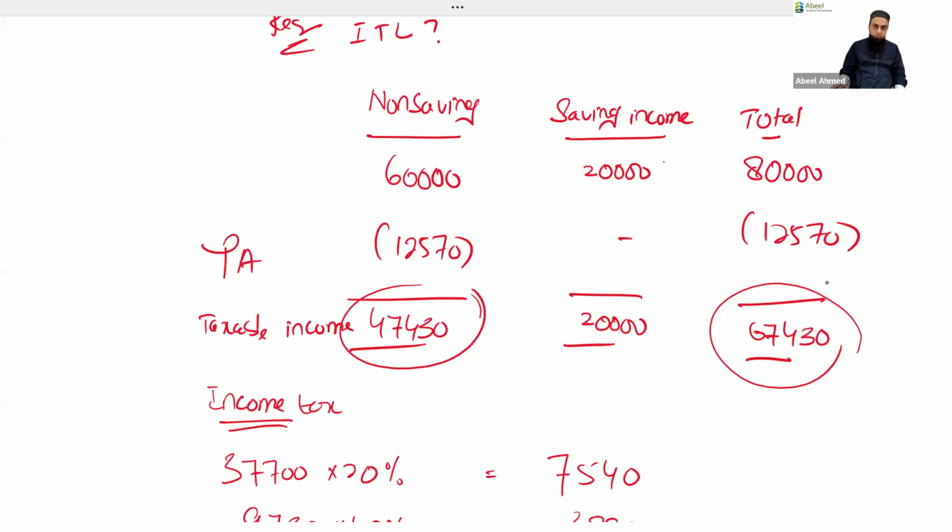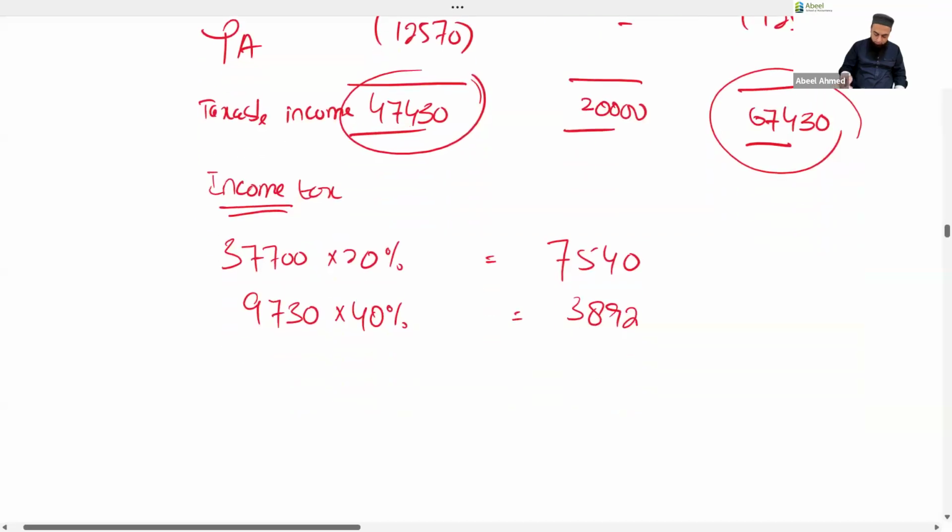Whoever is a high rate taxpayer gets nil rate band of 500 pound for their saving income. Simply your first 500 of the saving income you will apply nil rate band. Why 500? Because the individual is a high rate taxpayer. Into 0% is 0.